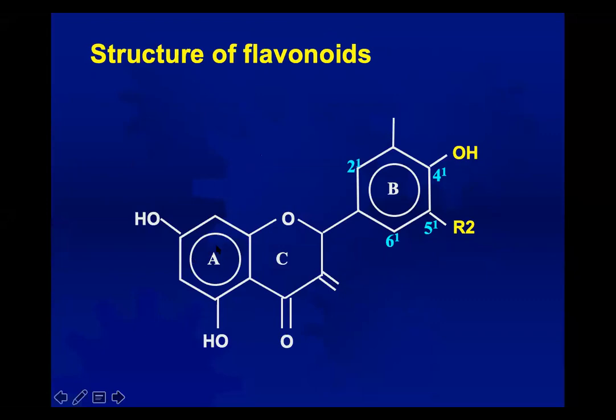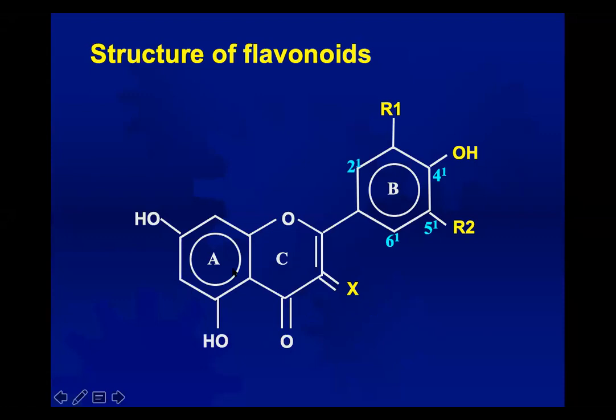Structure of flavonoids. Flavonoids, as I mentioned, contain an A ring and a B ring, both aromatic, benzene rings, and a C ring like this. And this is the simple basic structure of flavonoids. This position is the 3 carbon. The third carbon may contain a hydroxyl.